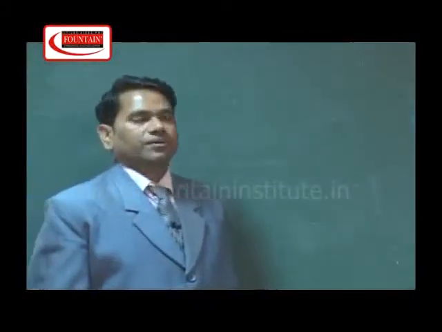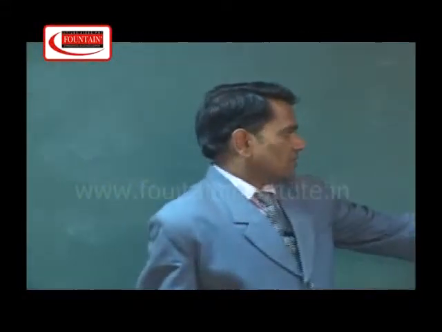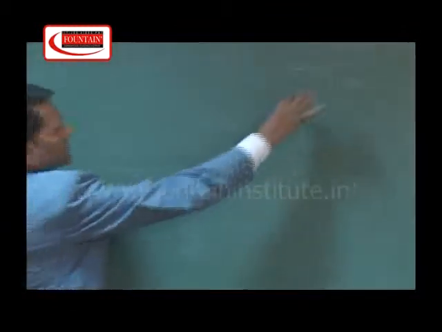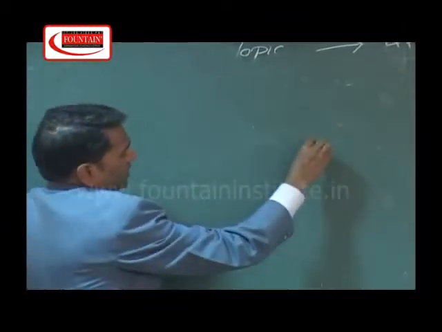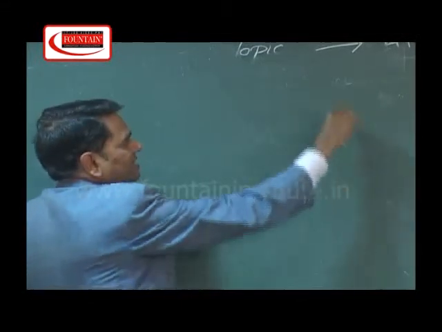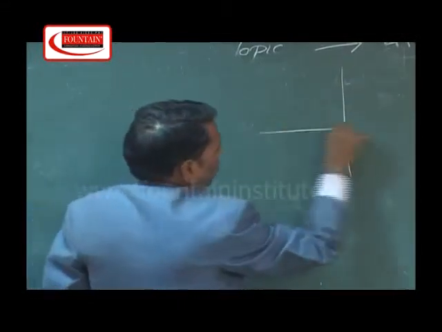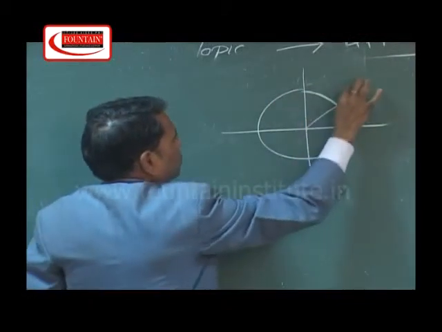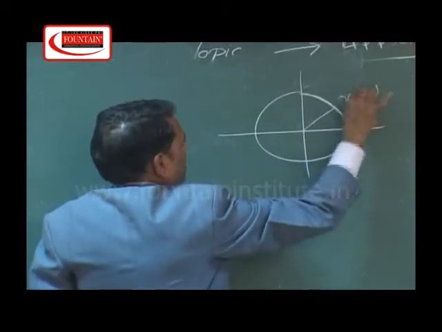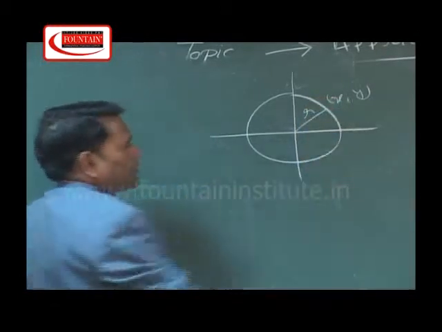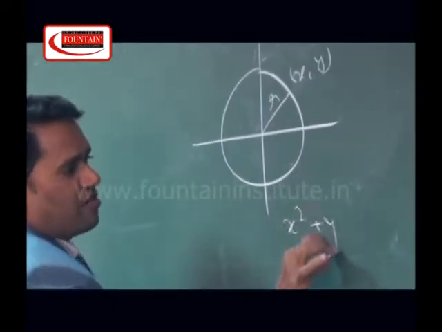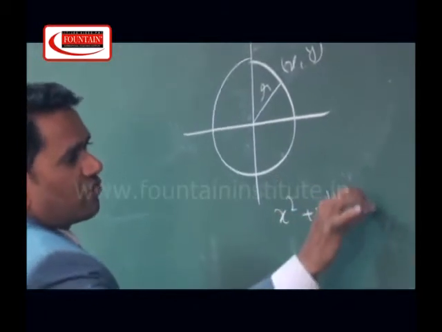See, now guys, we have just seen that the equation of a circle whose center lies on the origin, passes through x comma y, and whose radius is r is given by x square plus y square is equal to r square.